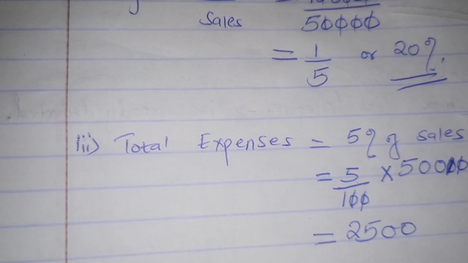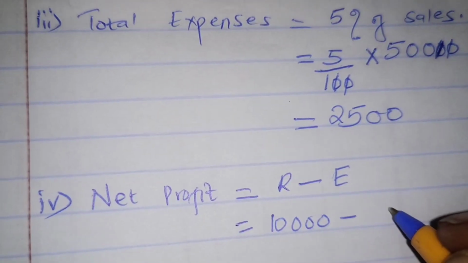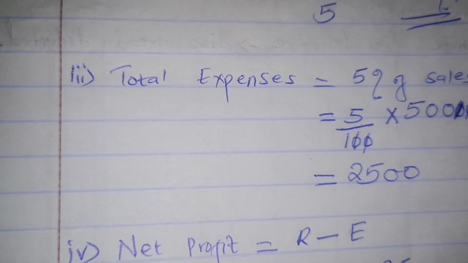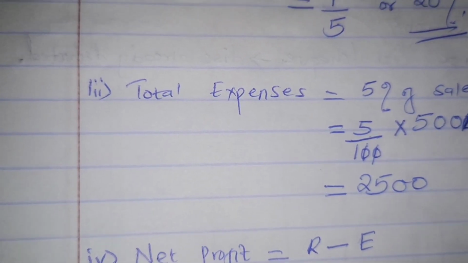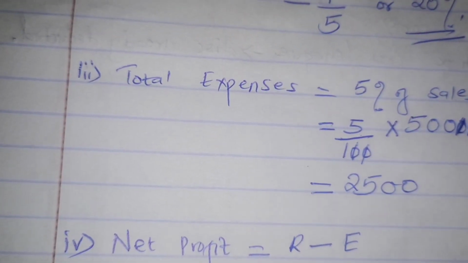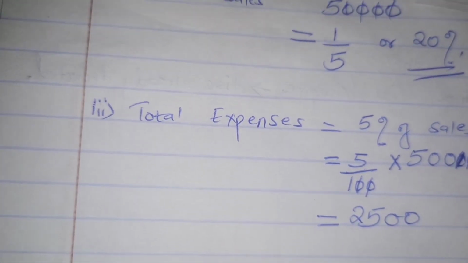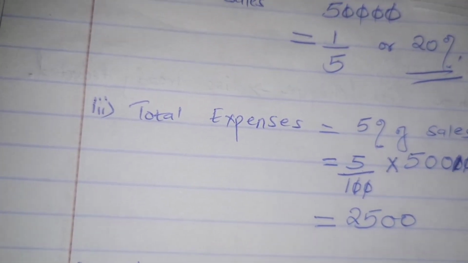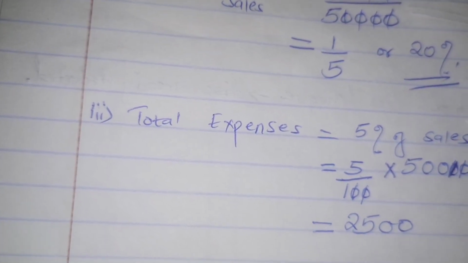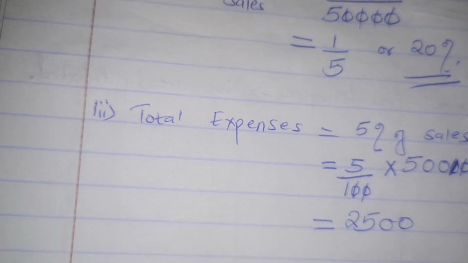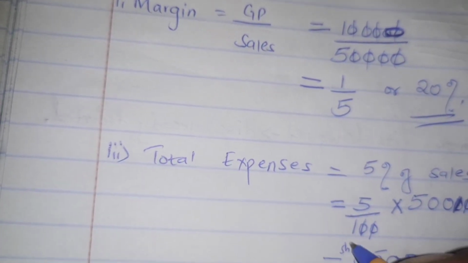So 10,000 minus our expenses we've just calculated, 2,500. And this gives us how much shillings? 10,000 minus 2,500 gives us 7,500 shillings.